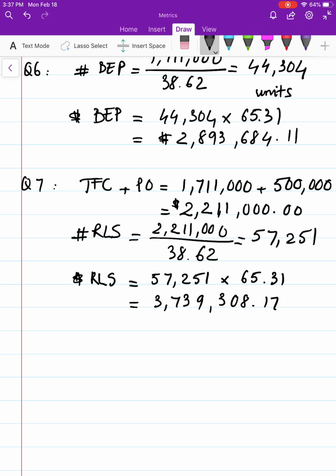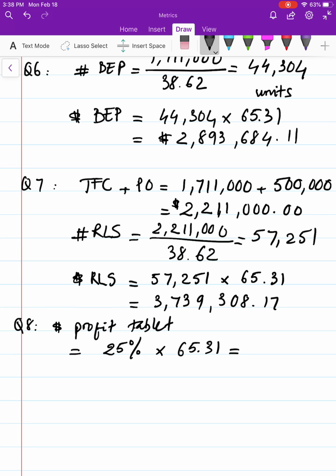Well, what that means is the dollar profit for each tablet that the company wants to have is 25% of the selling price of the tablet, and that will equate to $16.33. In other words, for every single tablet that the company sells, they want to make $16.33.